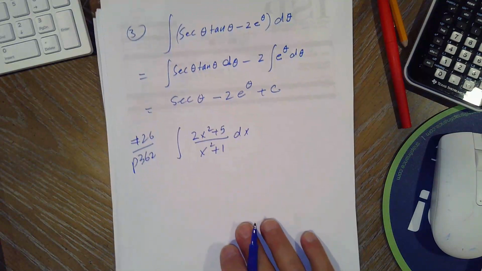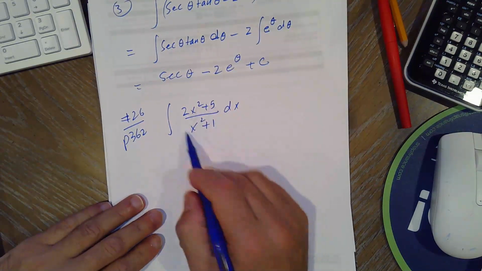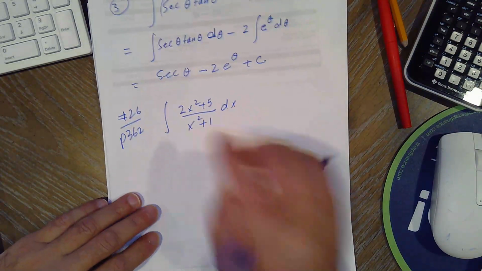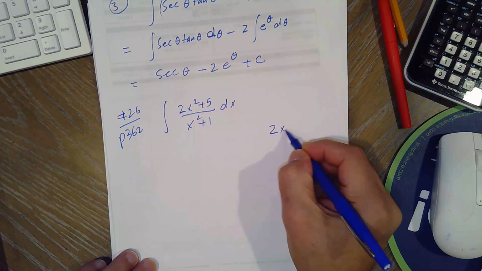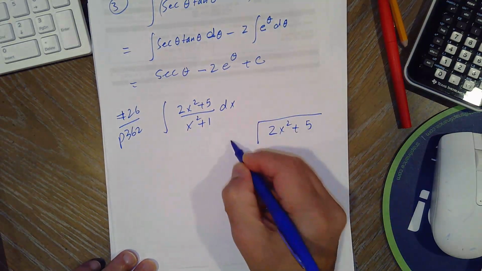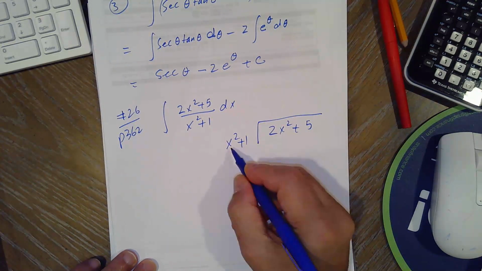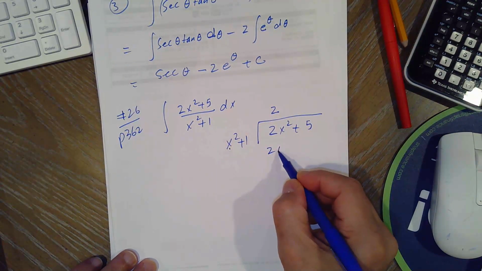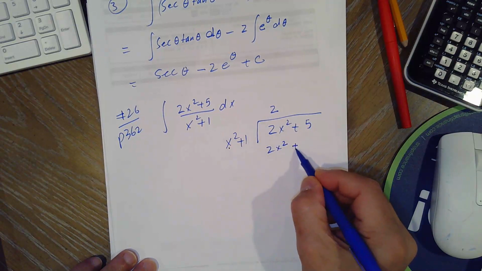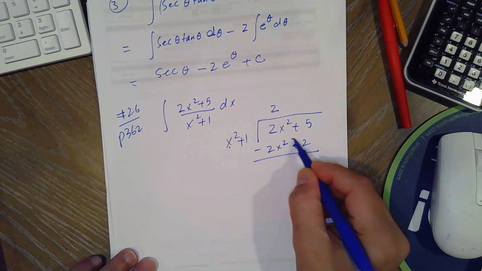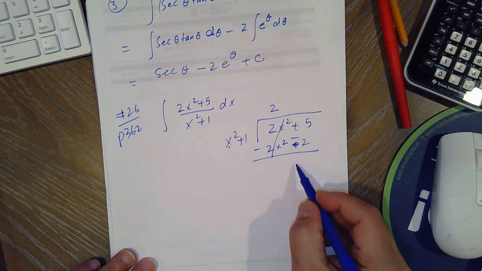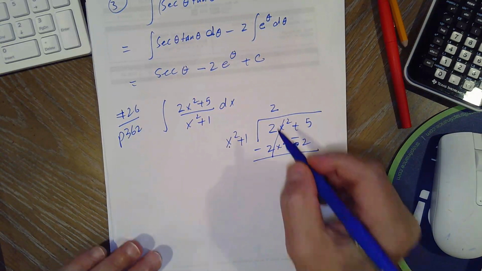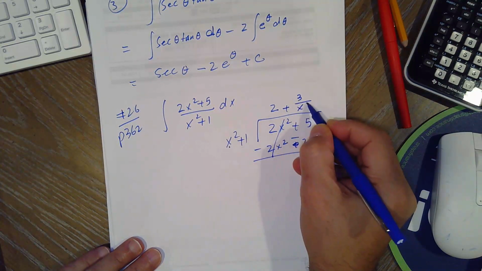Again, we don't have a quotient rule, but we can break this down by doing long division. 2x squared plus 5 over x squared plus 1. 2x squared divided by x squared is 2. Distribute the 2, so 2 times x squared, 2 times 1. Switch the signs because we're subtracting. 5 plus -2 is 3. So this is 2 plus 3 over x squared plus 1.